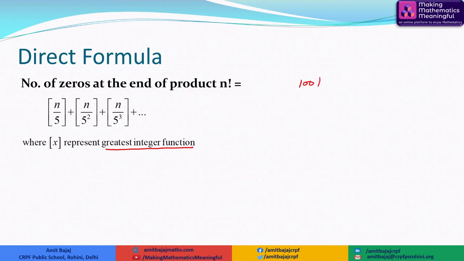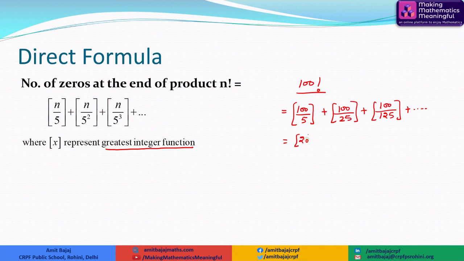So in our previous example of 100 factorial, the greatest integer of 100 by 5, plus 100 by 5 square, which is 25, plus 100 by 5 cube, which is 125, and so on. But note that this is 20 plus 4 plus 0 point something, whose greatest integer would be 0. So all future terms will contribute 0 only, and we have our required answer as 24, the number of zeros.